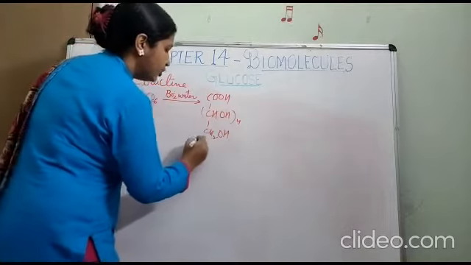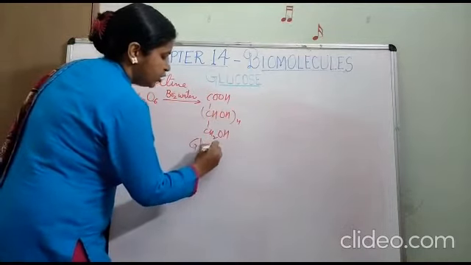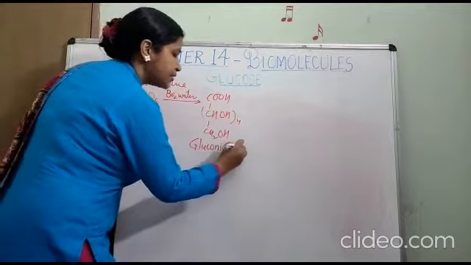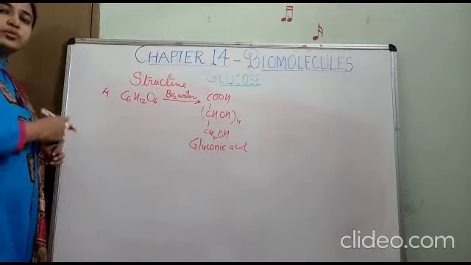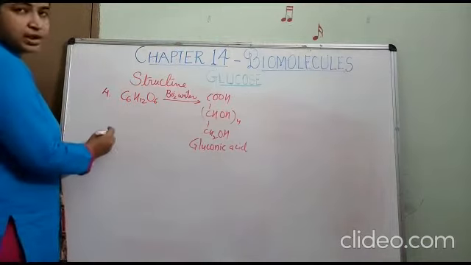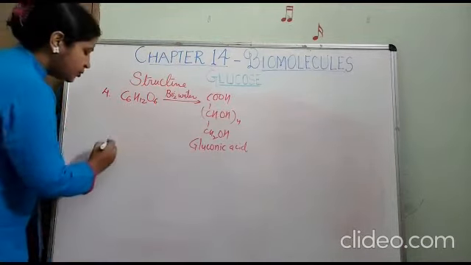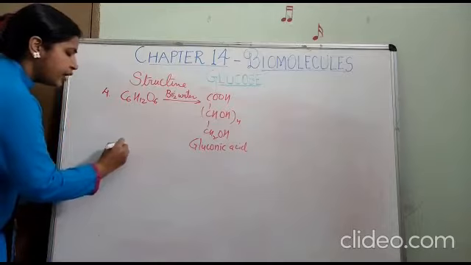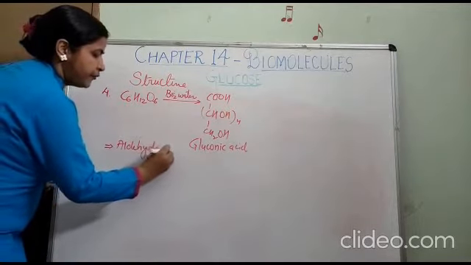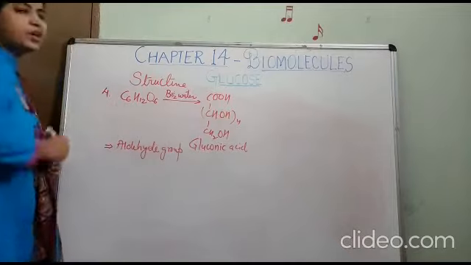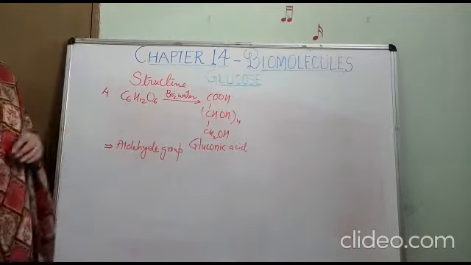This is gluconic acid. Now the formation of gluconic acid indicates that the carbonyl group, which we talked about in the previous point, is present in the form of aldehyde. So an aldehyde group is present in glucose.